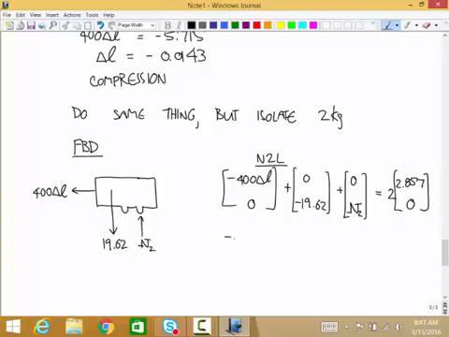And so you get negative 400 delta L is equal to positive 5. What do you get there? What's 2 times this? 5.714. Okay.